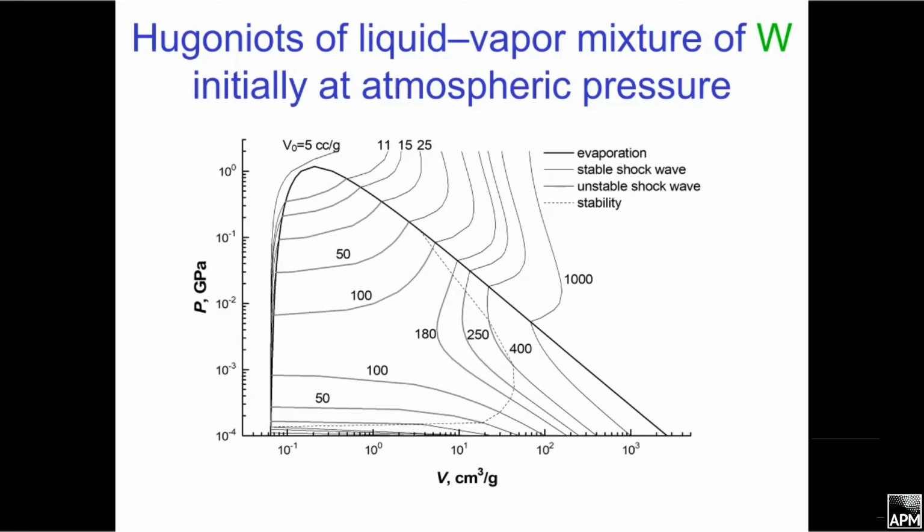Okay, we can see here this dashed boundary, which shows the unstable state of this shock compressed mixture.